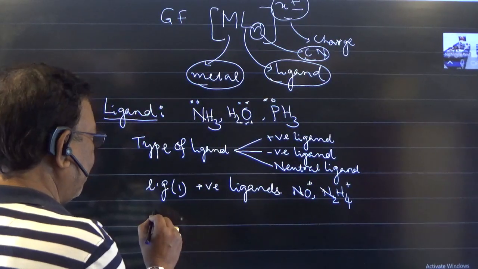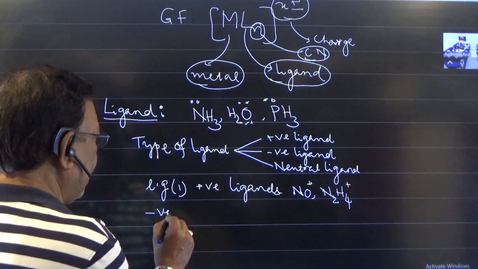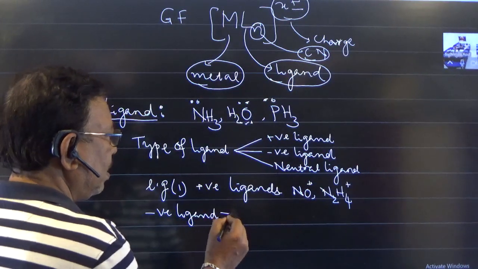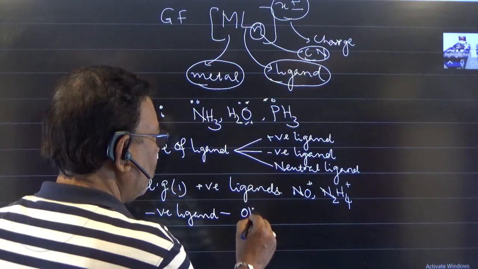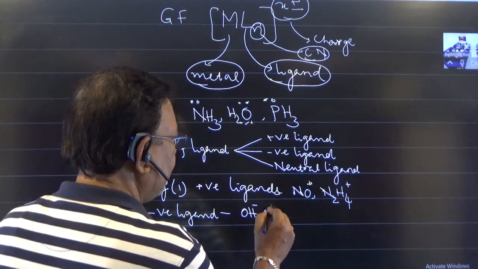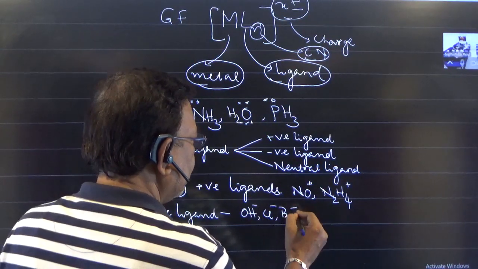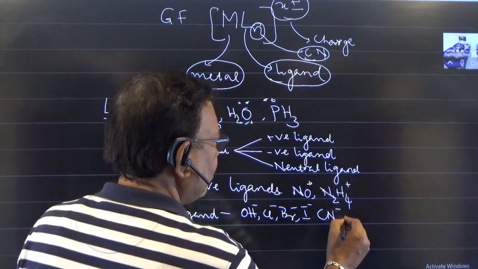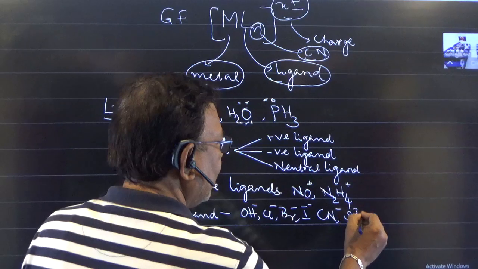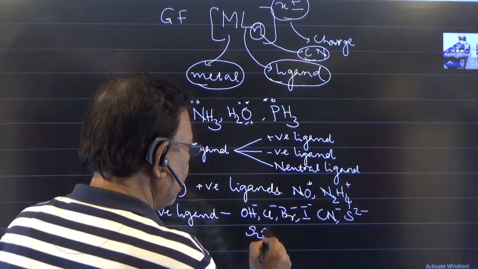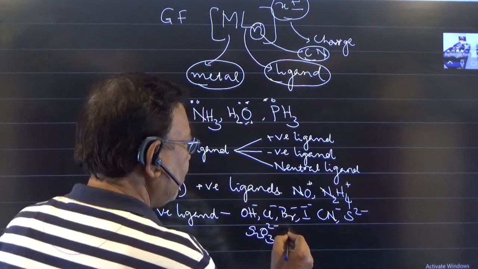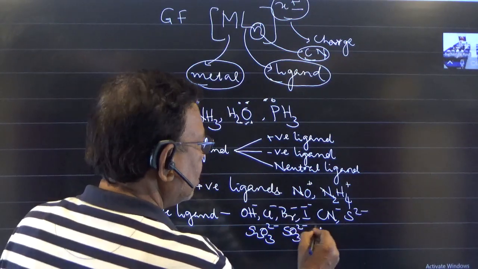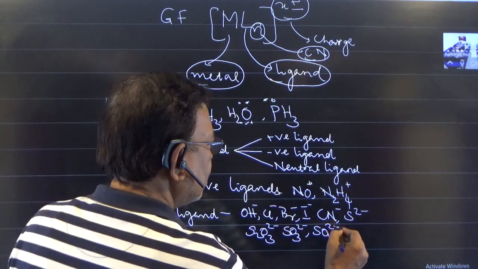They are fewer in number. Negative ligand examples: OH minus, Cl minus, Br minus, I minus, S2 minus, S2O3 2 minus, SO3 2 minus, SO4 2 minus, etc.